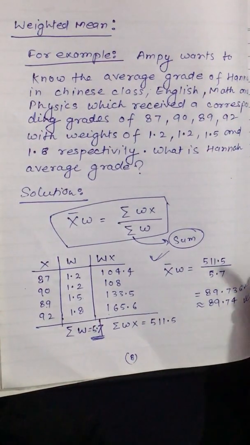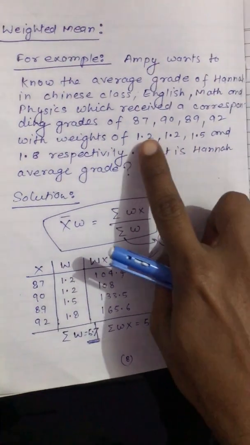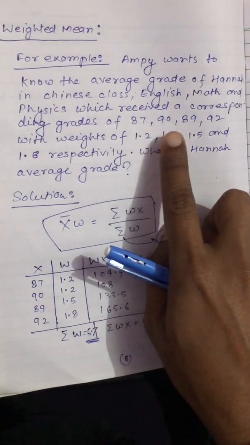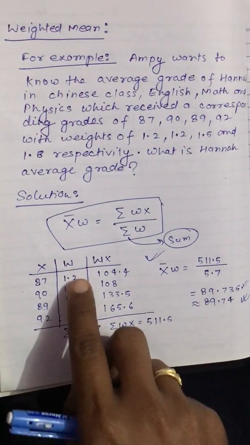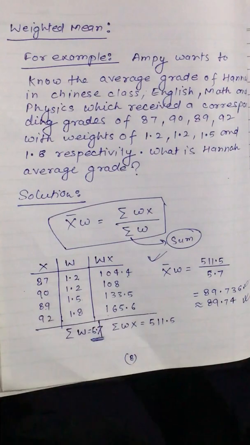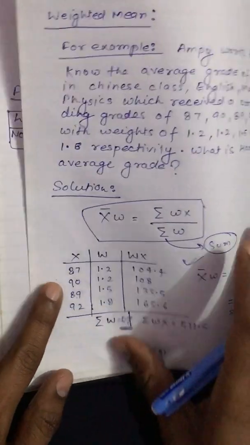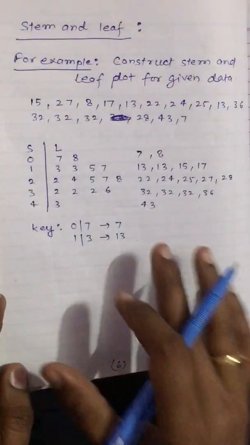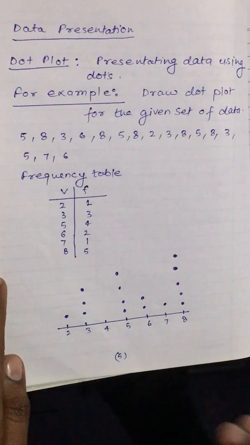That's how we find the weighted mean. Sometimes we can find the frequency mean also. In the case of weight, they will give you frequencies 2, 3, 5. Then the same thing: add the frequencies, multiply, add all this and divide with the same formula. Understand?